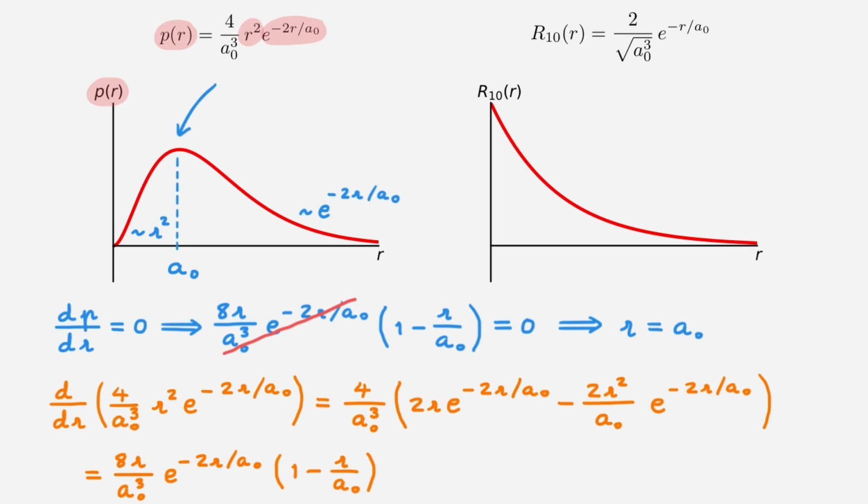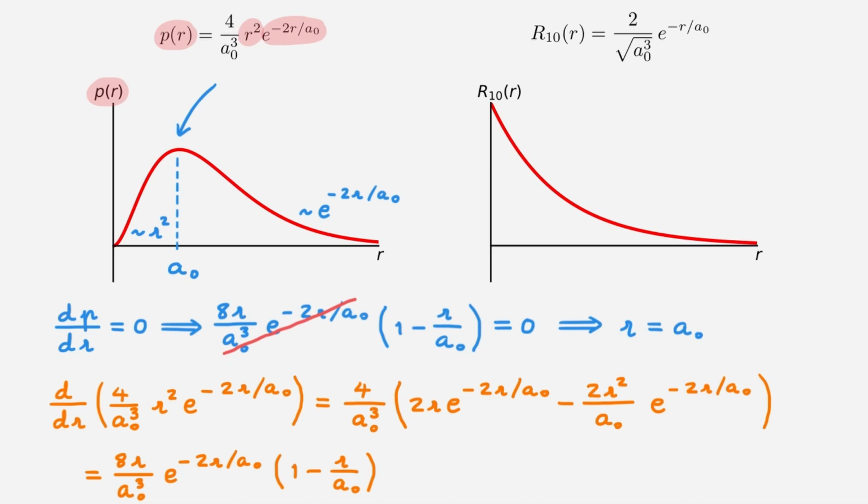And what is the meaning of this? The most likely proton-electron distance in the ground state of the hydrogen atom is a0, which is called the reduced Bohr radius. Remember that we initially introduced the reduced Bohr radius in the video where we solved the eigenvalue equation for the hydrogen atom Hamiltonian, and at that point it was a purely pragmatic definition that helped us to simplify the notation somewhat.